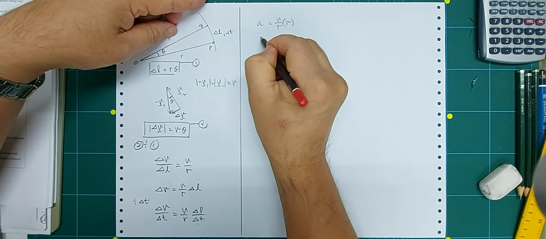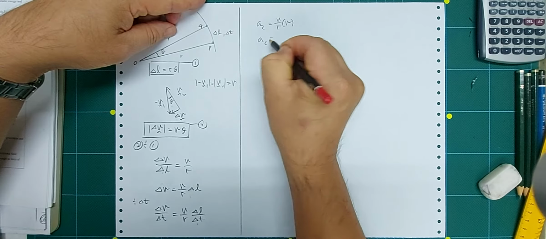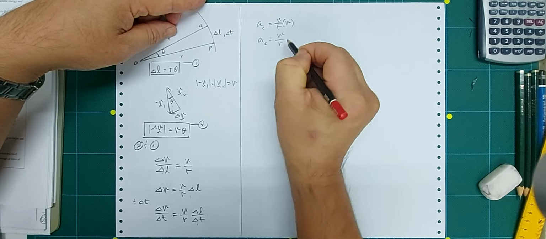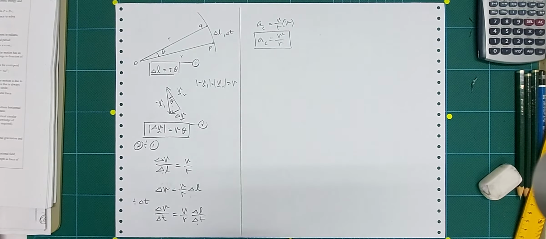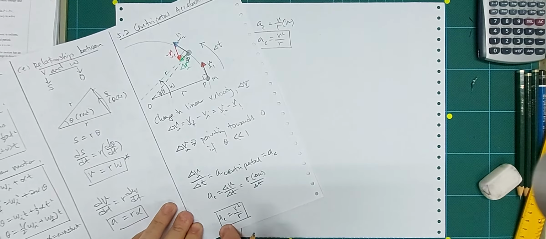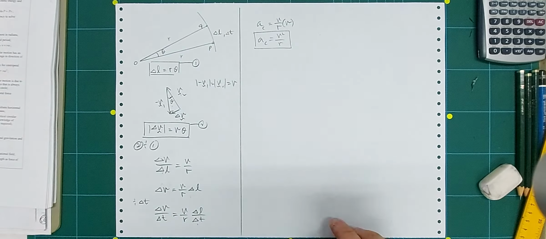So your centripetal acceleration ends up as V squared over R. That's where we get this equation: centripetal acceleration is equal to V squared over R.